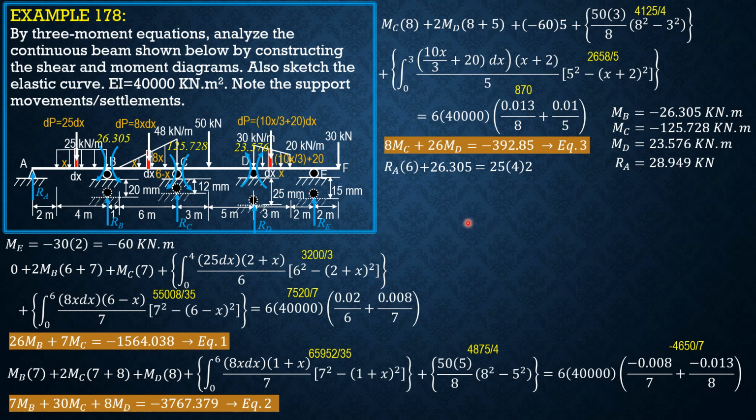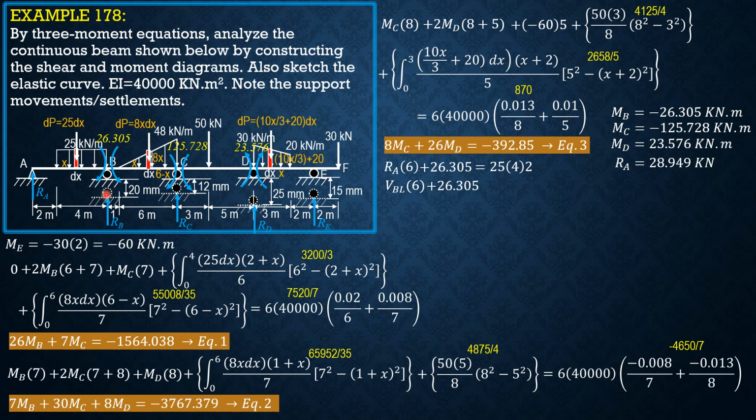28.949 kilonewtons. Shear at B just to the left, this time we sum up moments so that we can check the reactions together with the loads if they balance later. So summation of moments about A equals 0. Remember at B the shear just to the left is positive downward.